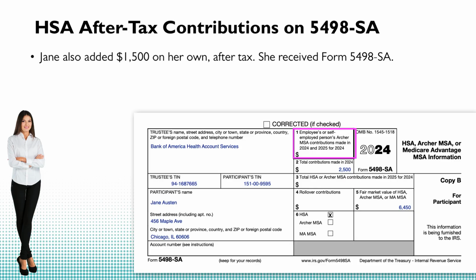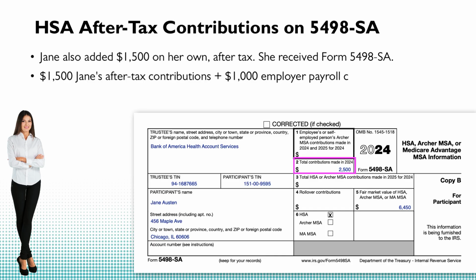Box 1 lists MSA or Archer MSA contributions. Box 2 lists total contributions toward the HSA plan from any sources. We know that Jane contributed $1,500 herself and her employer contributed $1,000 through her payroll. So we see a total of $2,500 in that box.